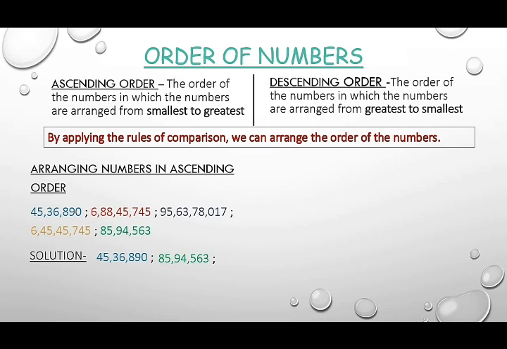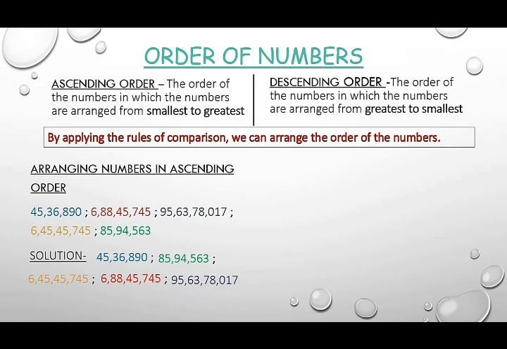So it will be the third number, and 6,88,45,745 is the fourth number. And now we are left with the number which has the maximum digits, that is the 9-digit number. The number is 95,63,78,017. So it will be the last number in the series.